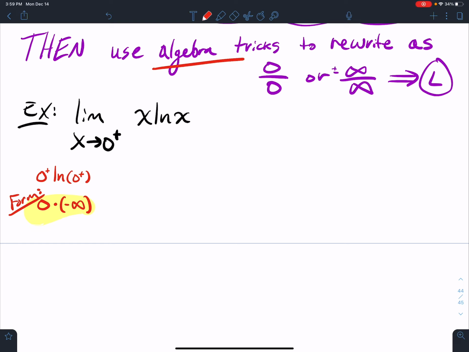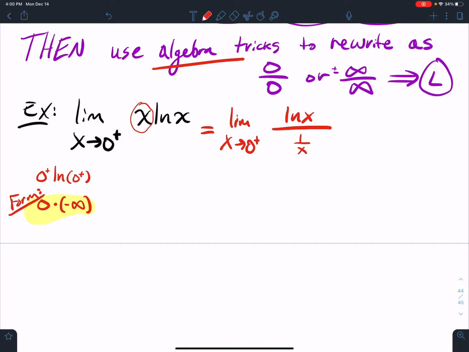So when I can avoid it, I don't like to move this one to the denominator, because taking the derivative of 1 over natural log x is a lot harder than taking the derivative of natural log x. And whenever I look at the other thing I can change, I could rewrite this x, I could rewrite that so that I have a limit as x goes to 0 from the right of ln x divided by 1 over x.